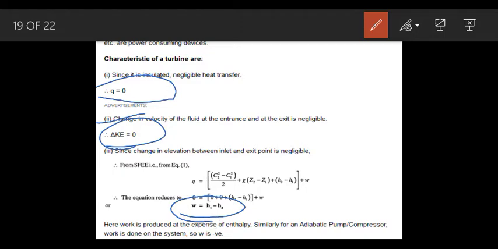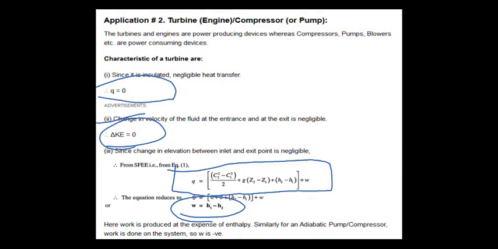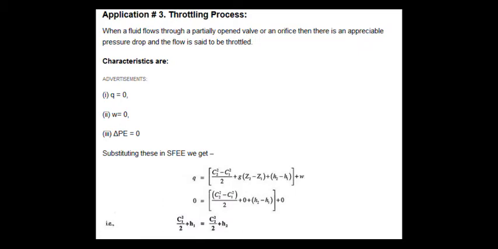We obtain this W by substituting the values of kinetic energy and potential energy in the steady flow energy equation. So we get the final value W equal to H1 minus H2. This is the steady flow energy equation for a turbine or compressor, and we can also call it that for pumps.